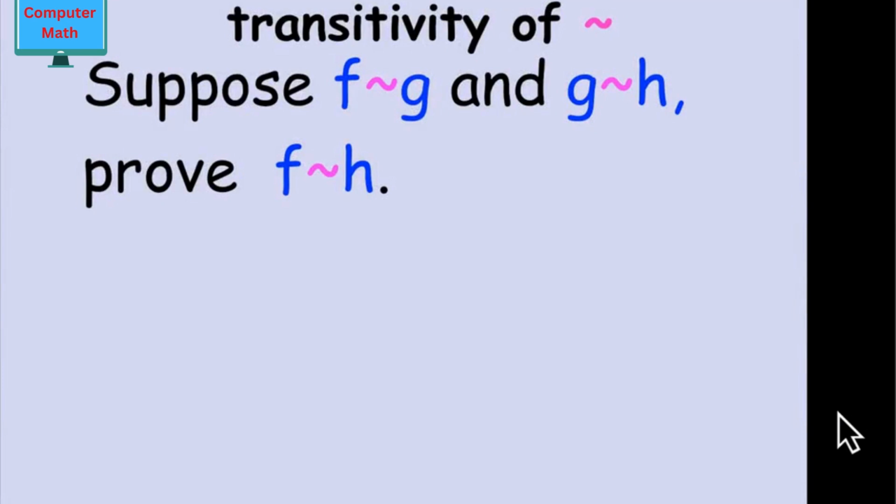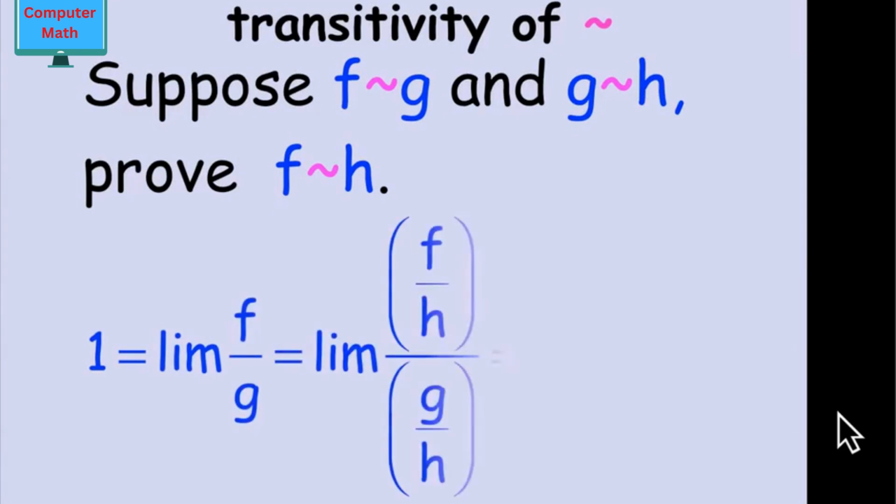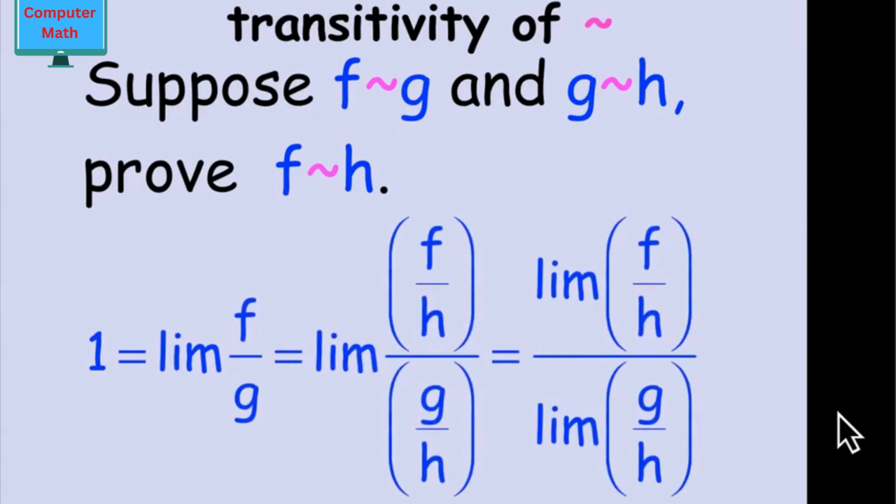There's a similar argument for transitivity. Let's just crank through it for practice on the definition. Suppose that f is asymptotically equal to g, and g is asymptotically equal to h. I'd like to prove that f is asymptotically equal to h. Well, again, we just plug into the algebra and distribute limits. We're given that 1 is the limit of f over g because f is asymptotic to g. But f over g can be expressed as f over h divided by g over h.